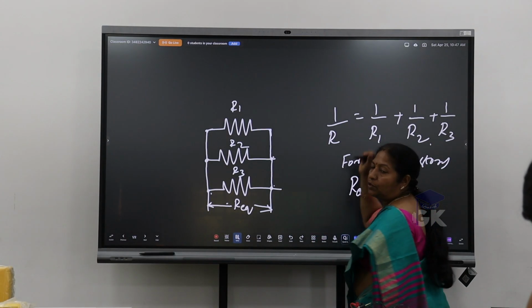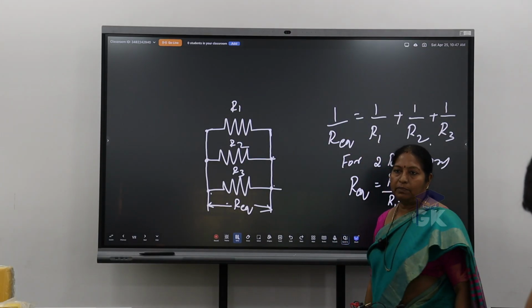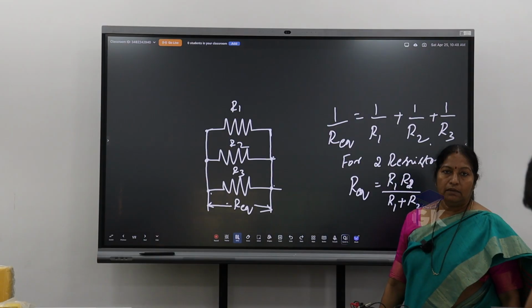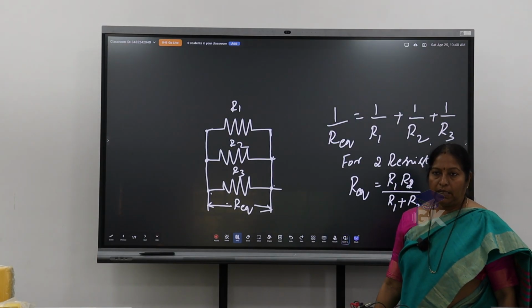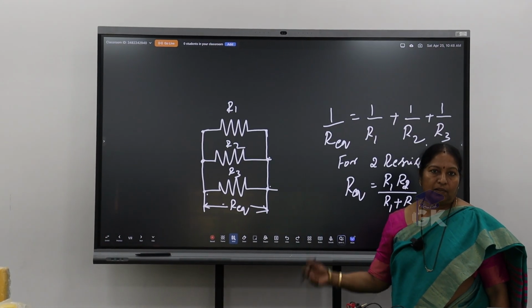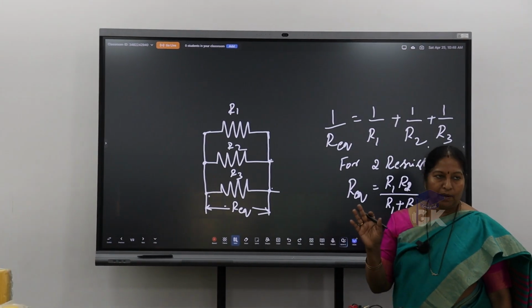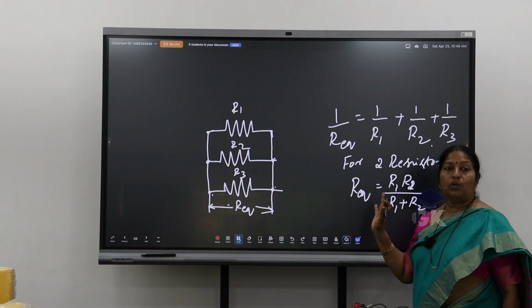For this, anyway, we need to calculate 1 by R equals 1 by R1 plus 1 by R2 plus 1 by R3. Is it clear here? Because many of you, when I give any problem, say that you cannot solve, because all those basics you have just learned somehow and you just left them off. This is an equivalent resistor.